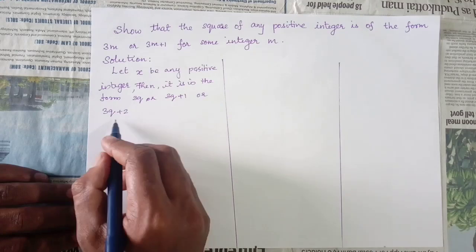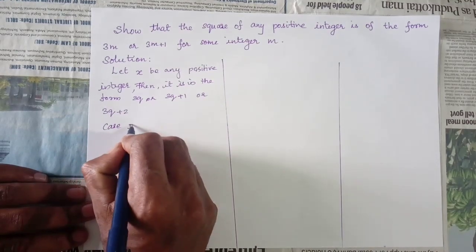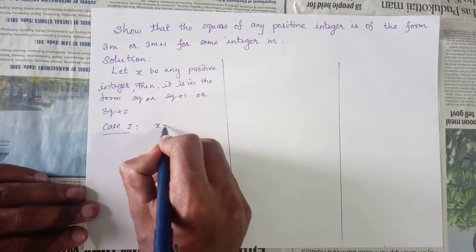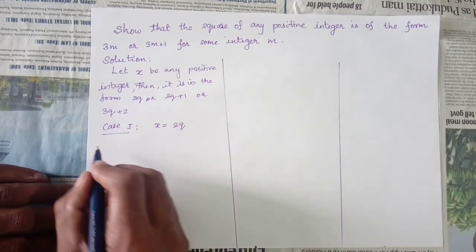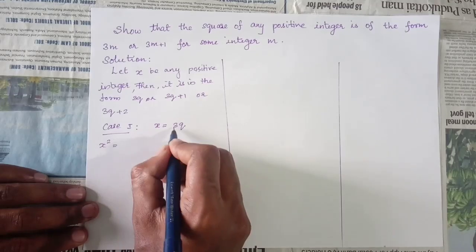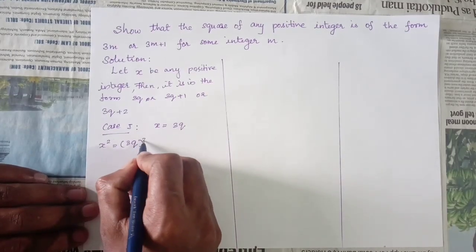So we have three values, so we need three cases. Now case 1: we take x as 3q. Now we square both sides, so x square equals 3q whole square.